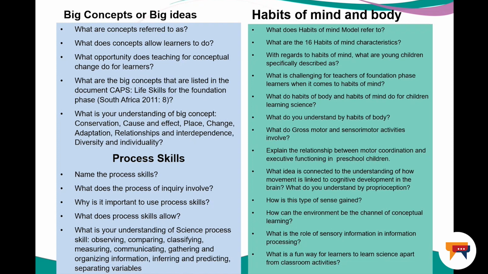We need them to be persistent, to manage impulsivity, listen with empathy, whether it be a story, think flexibly, think independently, create and innovate, whether it be a recycling process to help with littering, gather data, take responsible risks, like we spoke about.